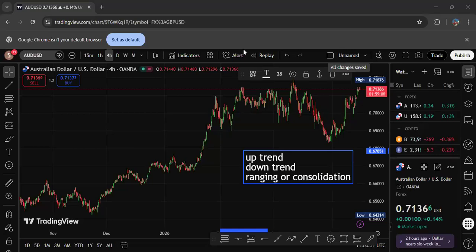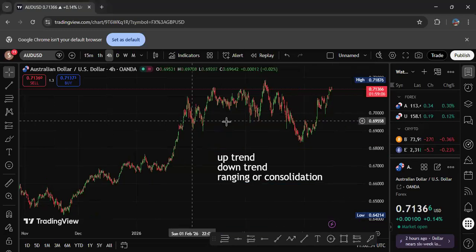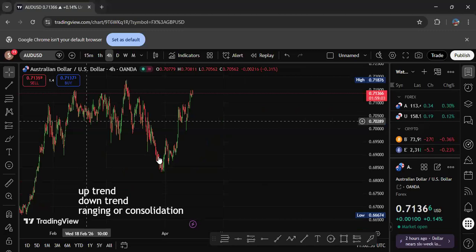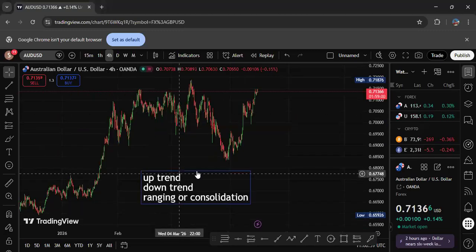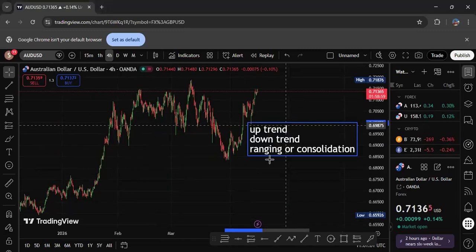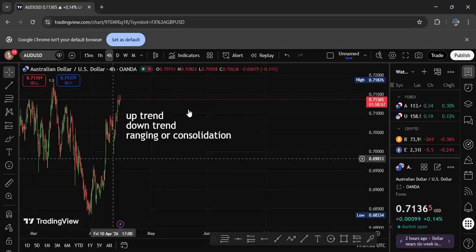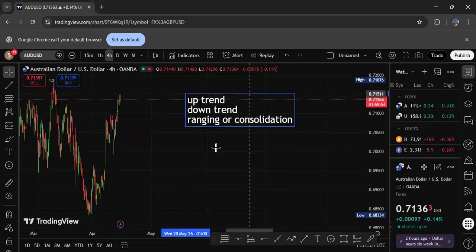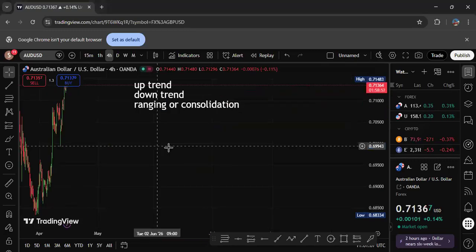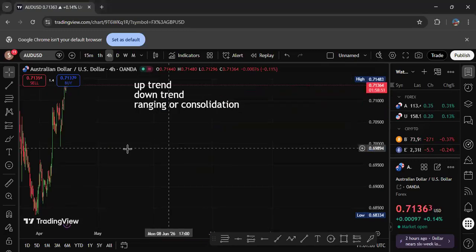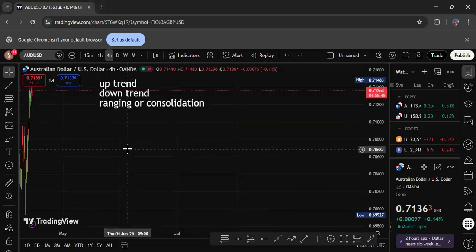The first one I'll be looking at is the uptrend. Let me just move this here to the right corner. From the words up and trend, it means something going up, but it's not moving straight.